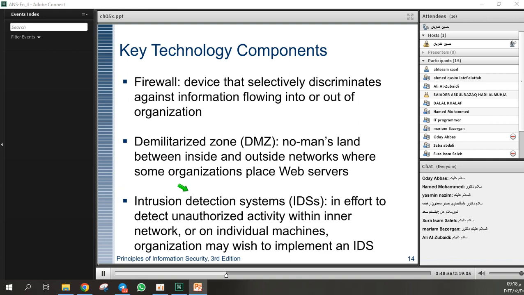The other tool is IDS. It's an offline tool to detect efforts at unauthorized access in different parts of networks.